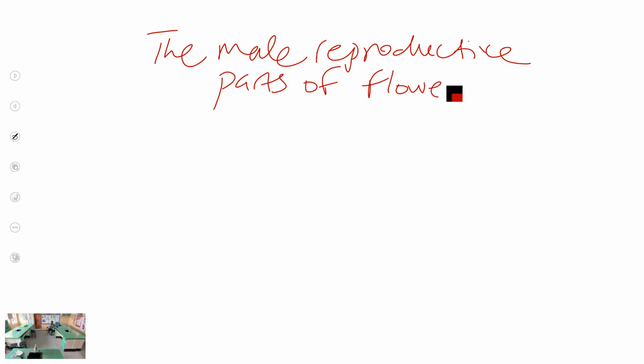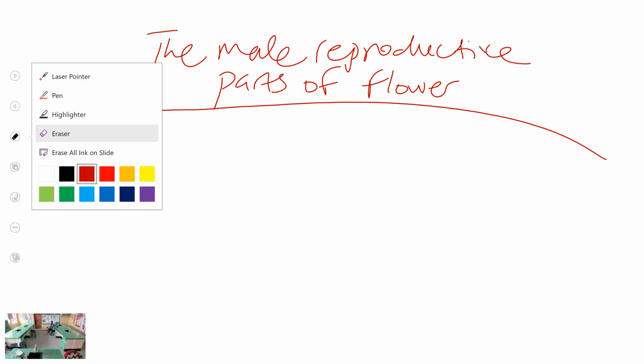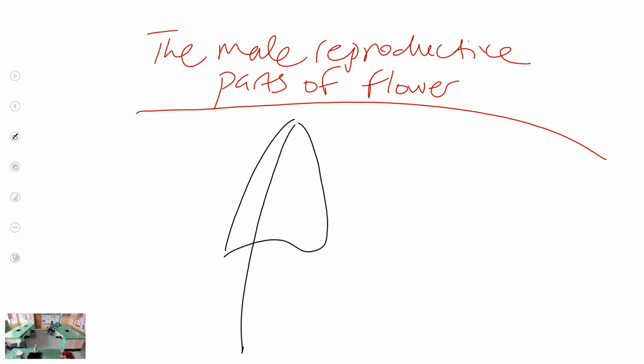The main reproductive part of the flower consists of 2 parts. This is the main reproductive part of the flower called the stamen.